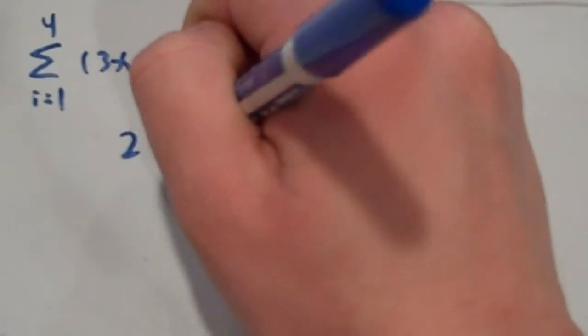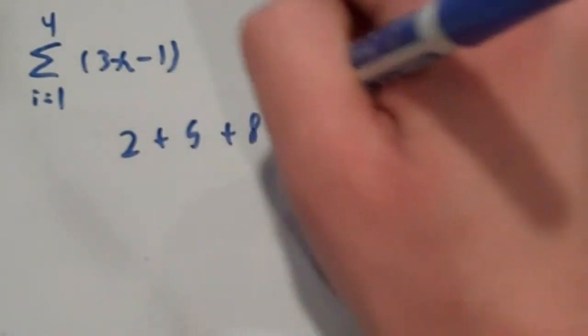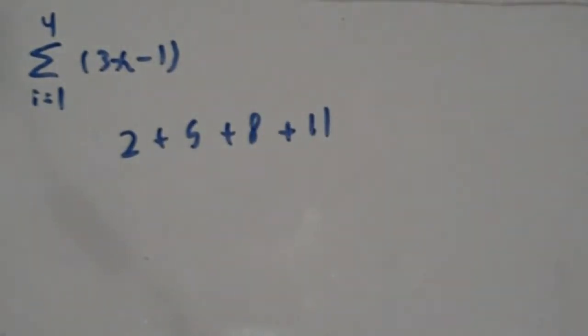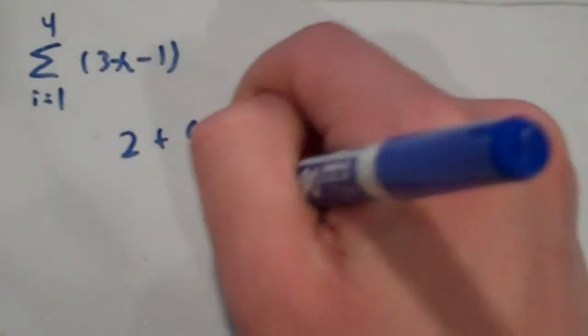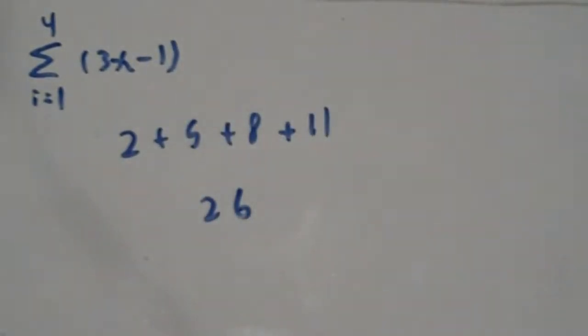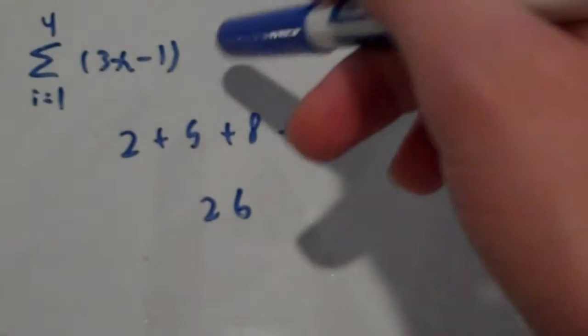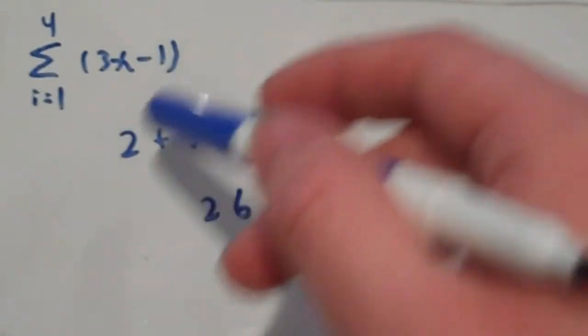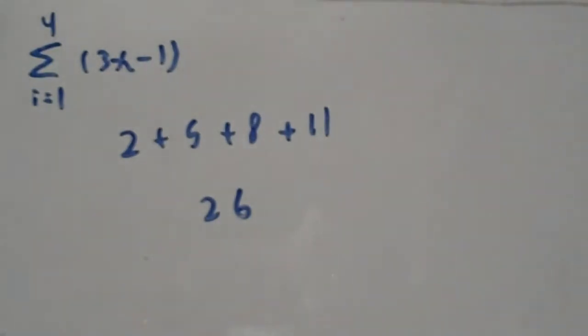So that means that you take your first term, plus your second term, plus your third term, plus your fourth term. And you add those all up, and you get 26. So that is what that indicates. This indicates you want to add up all these terms, and you will get that. So that is how the summation process works.